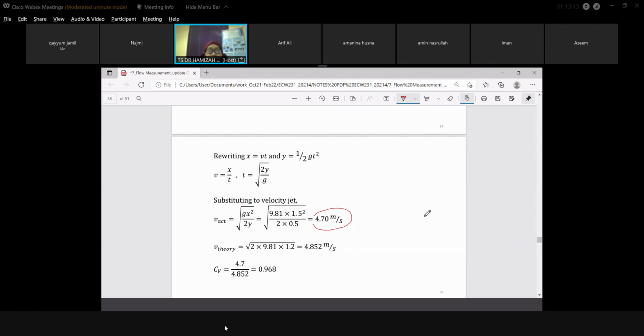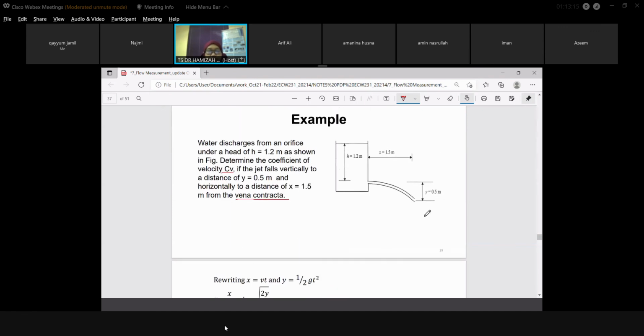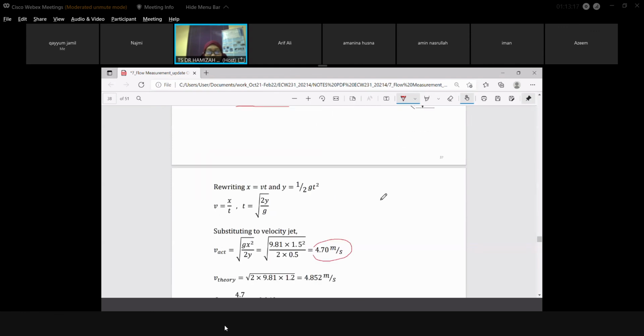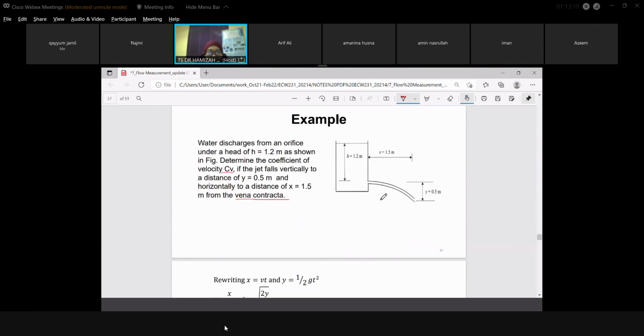Okay. When to use this equation and when to use the Bernoulli technique all depends on the information given. If the question gives X and Y, we don't use the Bernoulli principle.